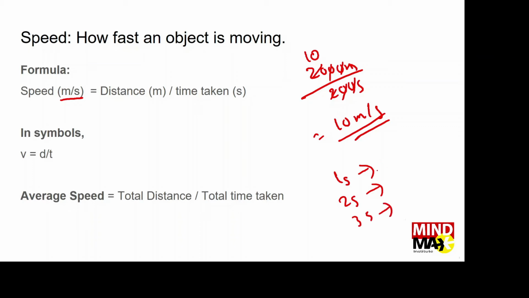So the speed could be changing every second, but overall, considering the entire journey, the entire time taken and the entire distance moved, that speed is called the average speed. It takes into consideration the entire journey and not just any point or any second, third second, 10th second, 20th second. We don't consider any specific time slot. We consider the entire journey, and that is why it's called the average speed.